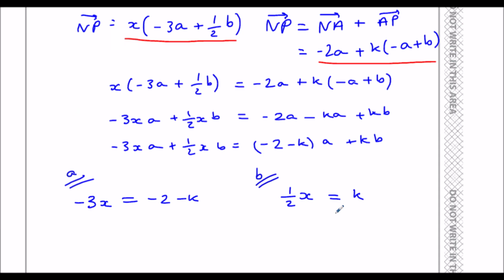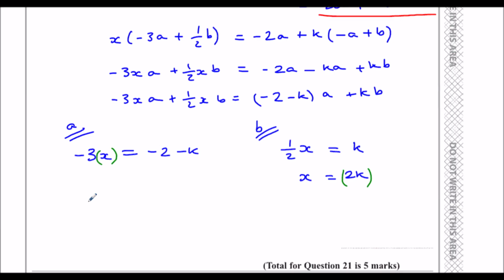If I want x equals, I'm going to double both sides, so x equals 2k, and then I'm going to substitute 2k in for x. So I've got minus 3 times 2k equals minus 2 minus k.